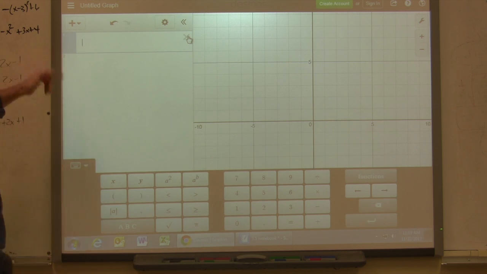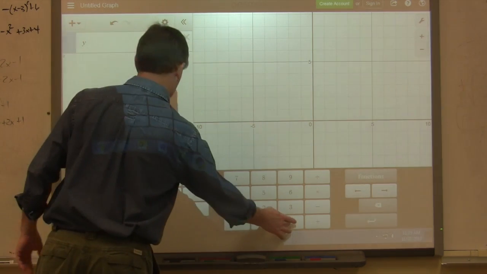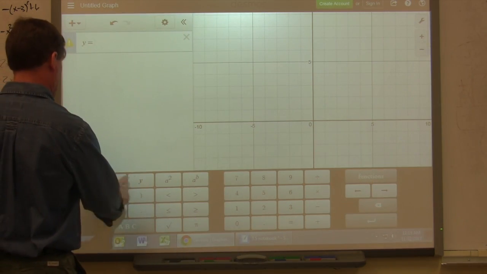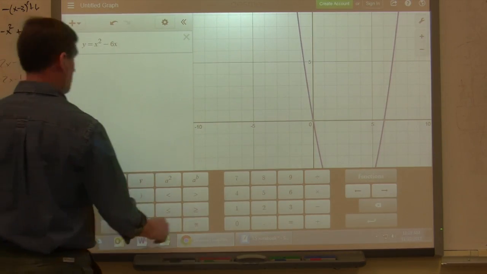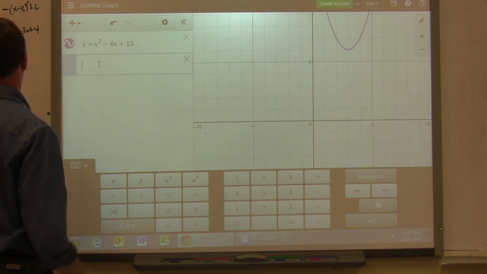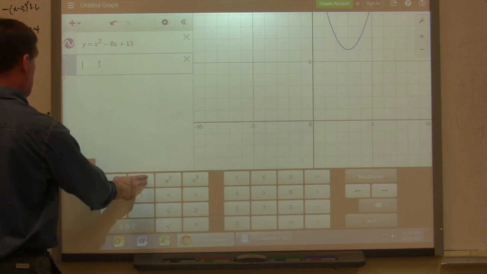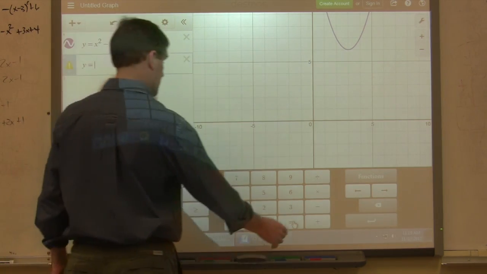So on the first one, you just take y equals the left side of the equation, which was x squared minus 6x plus 15. And then we put in the right side as our second equation. And again, we don't need to simplify that. We can just write it exactly like it is.